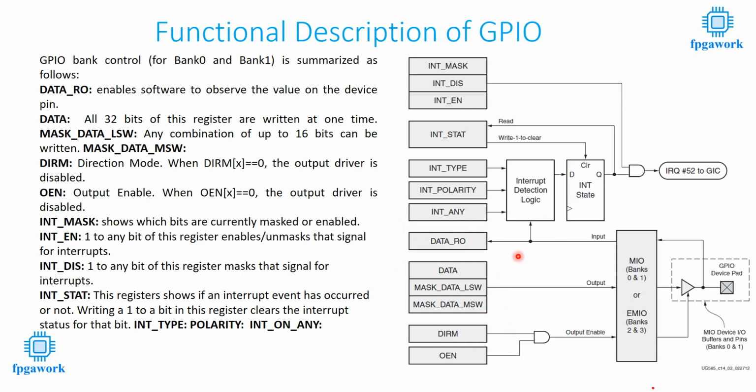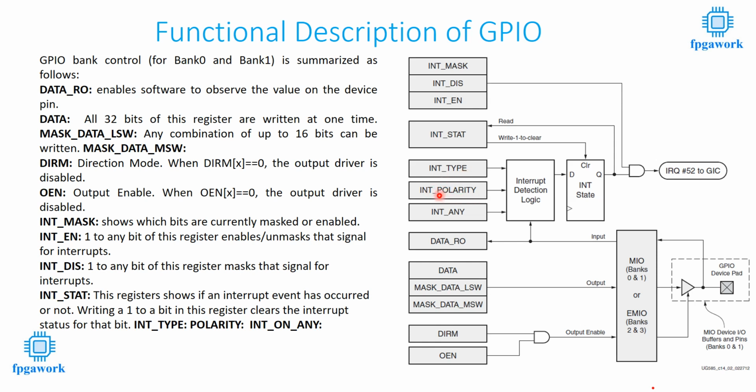So this is when you are working in normal IO mode. What if the GPIO is configured as interrupt? In this case you will be playing with these registers. Interrupt type: whether the interrupt is level or edge type.